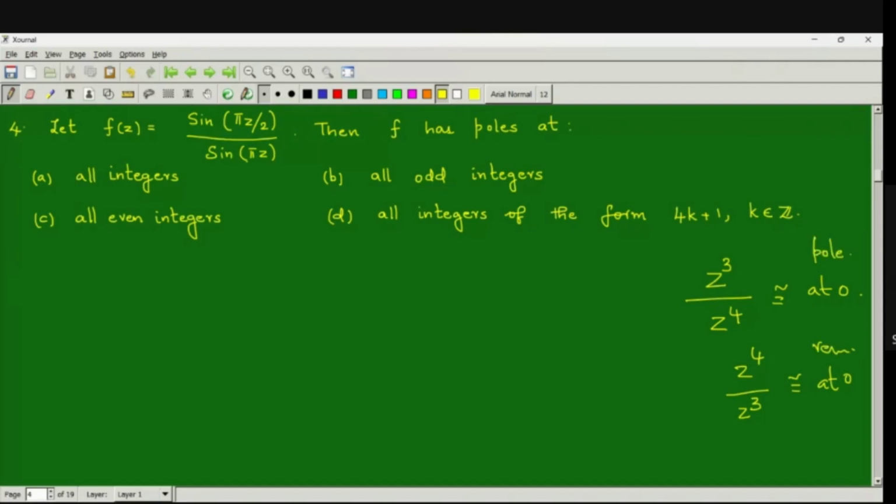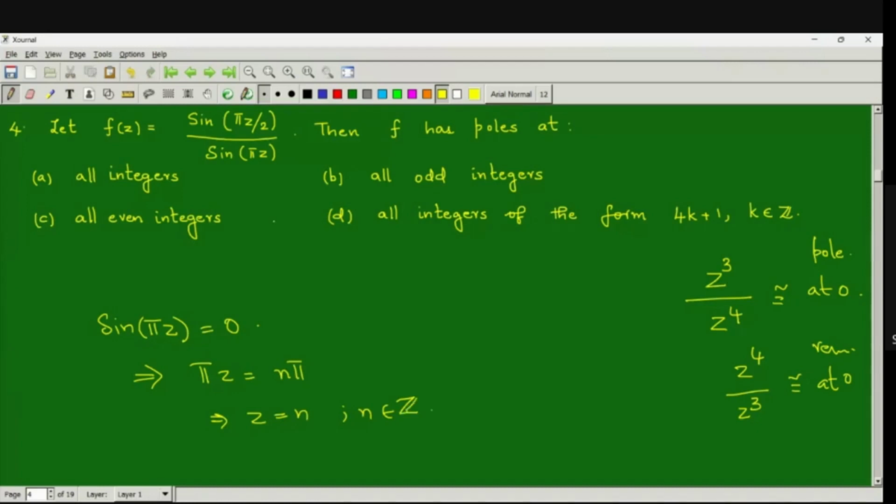So the thing is that if at all we have to check for some poles, it must come from this part. Means what? Pi z is n pi. N pi means z is n, where n is an integer.